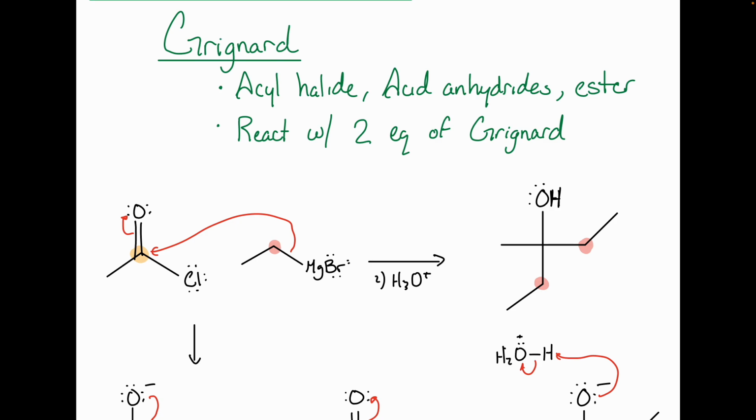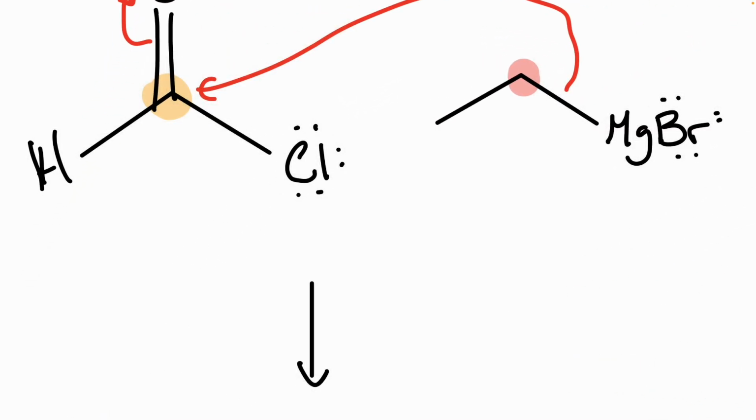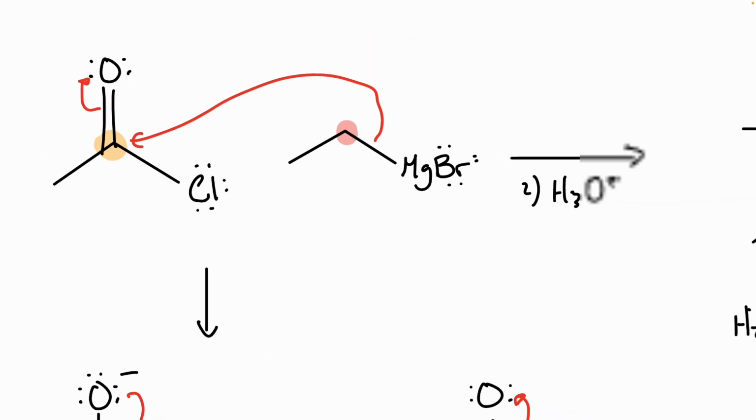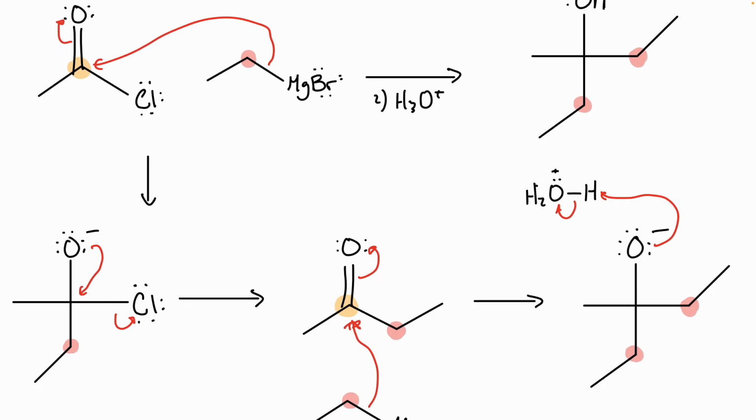Unless you started out, like the only exception would be if I started out with the teeniest, tiniest one where there was a hydrogen over here instead, and then it would be a secondary alcohol. But yeah, if there's any more than 1 carbon in your carboxylic acid derivative, it would be a tertiary alcohol.